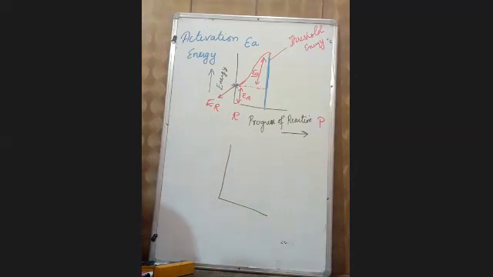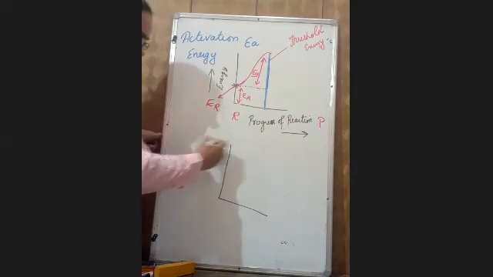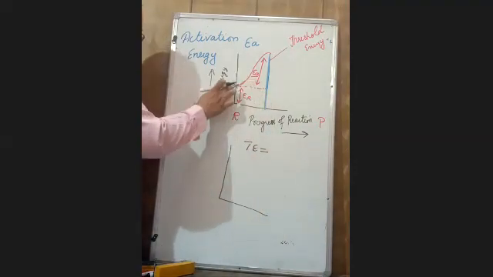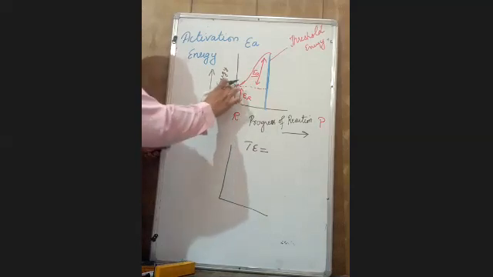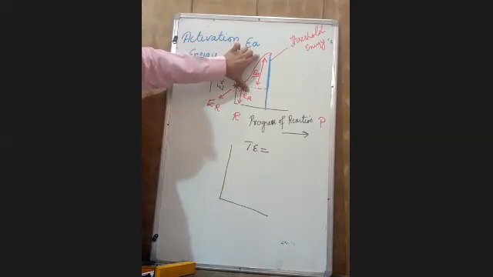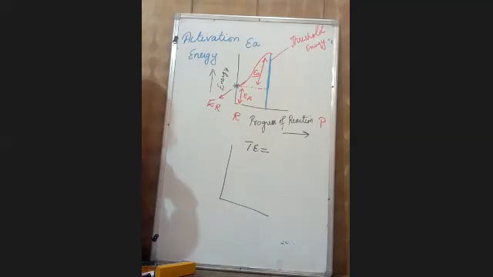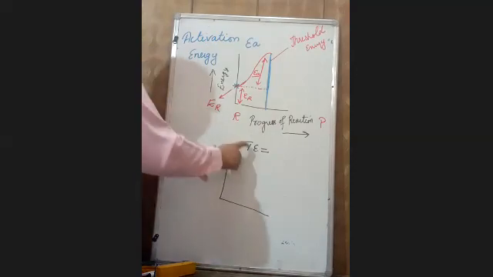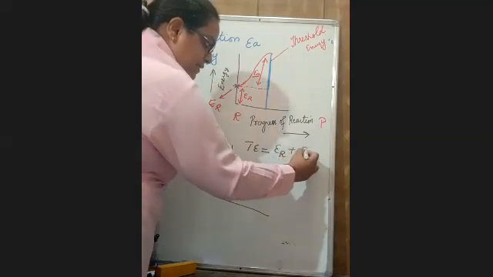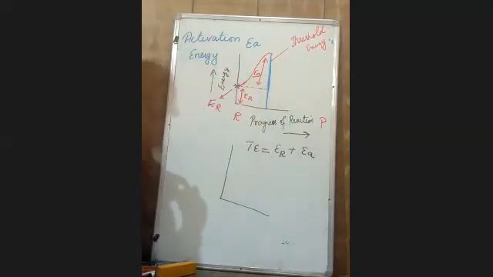And threshold energy is equal to what? The energy of reactant molecules, this much energy reactant is having, this value is varying from reactant to reactant, and this represents the energy of activation. Activation energy. So threshold energy is equal to energy of reactant plus activation energy.